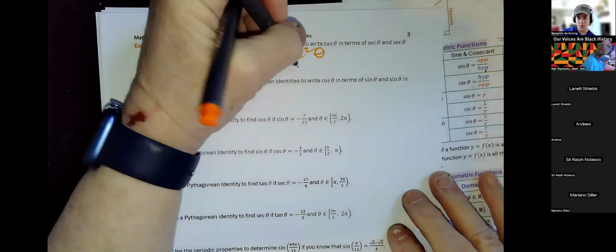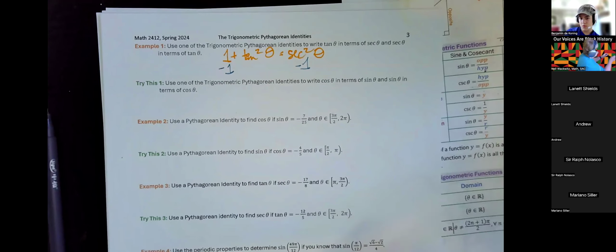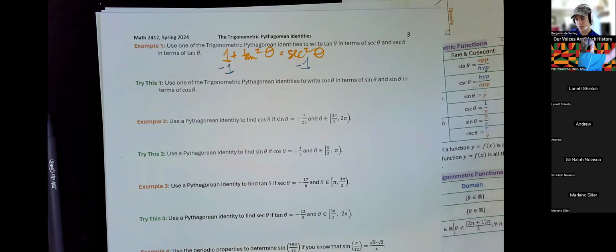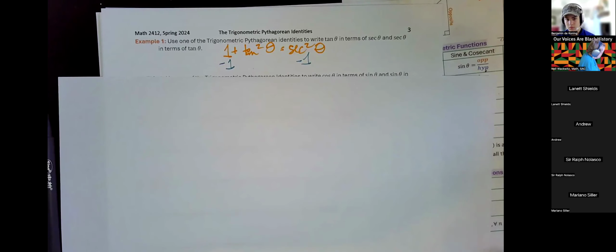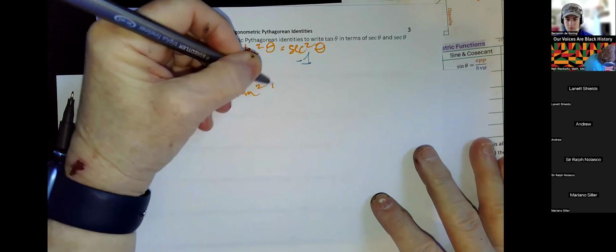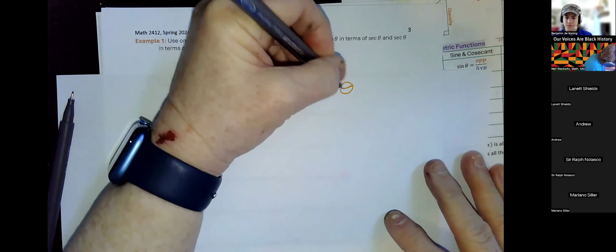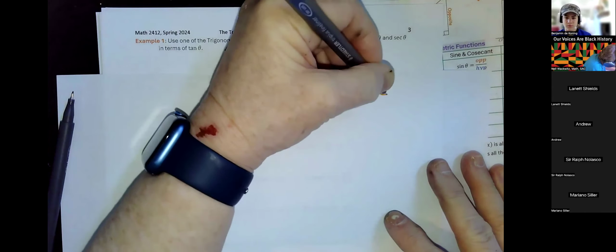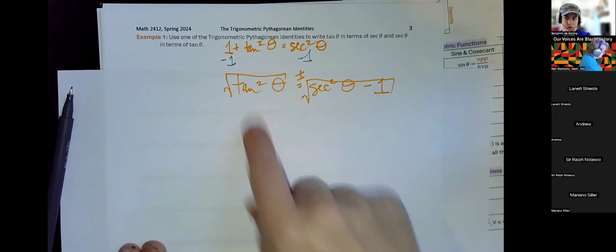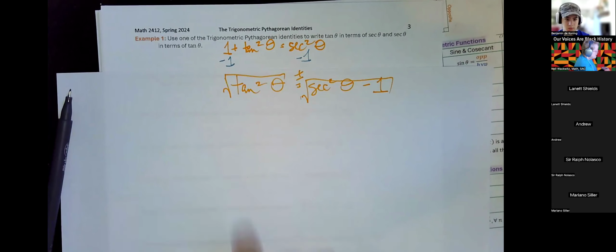Beautiful. So now we've got tangent squared theta is equal to secant squared theta minus 1. You can take the square root, but don't forget the plus or minus. So what gets to happen on the left-hand side?